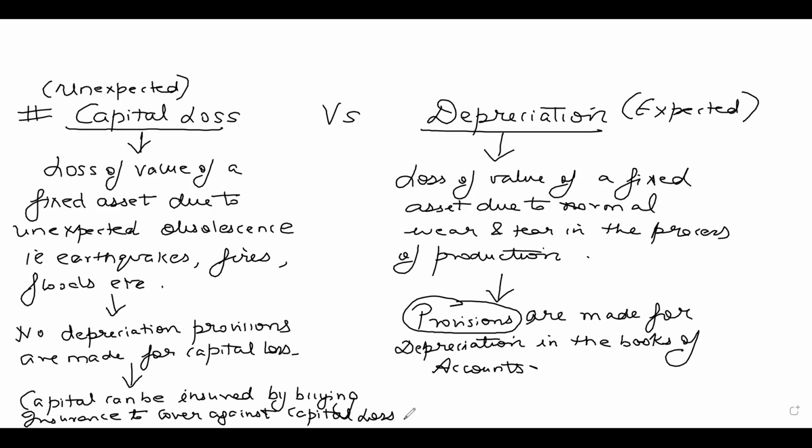When I have bought a new car today, after 1 year, because of normal wear and tear, it will depreciate in value. That is called depreciation. But if I have bought a car and an earthquake has come because of which the car gets damaged, that is not depreciation, that is capital loss.